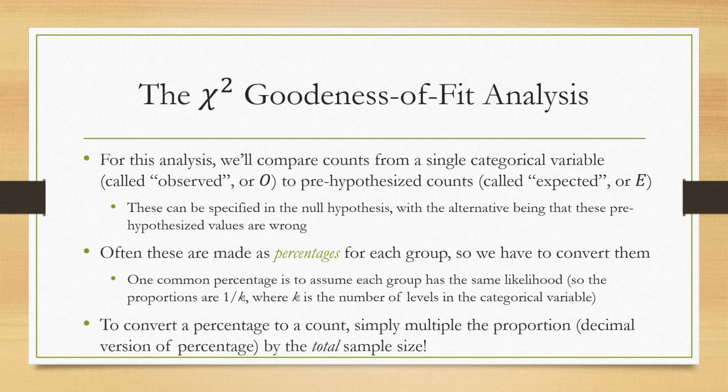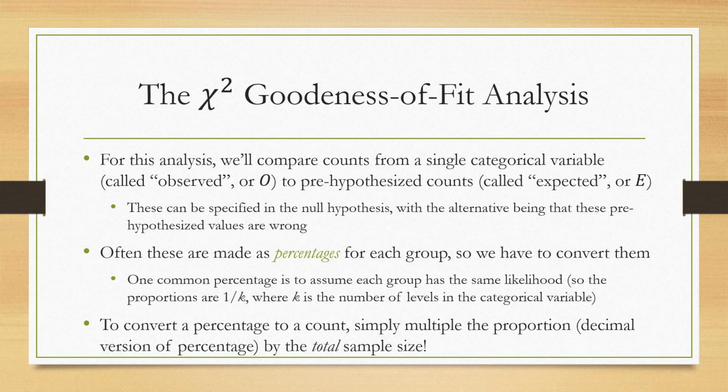So I might have 10 patients in one, 20 patients in another, 30 patients in another group, for a total number of patients of 60. I would multiply my pre-specified proportion, 1/3, by the total sample size of all the people in all the groups, 60 total participants, to get my expected count in the group to be 20 individuals.